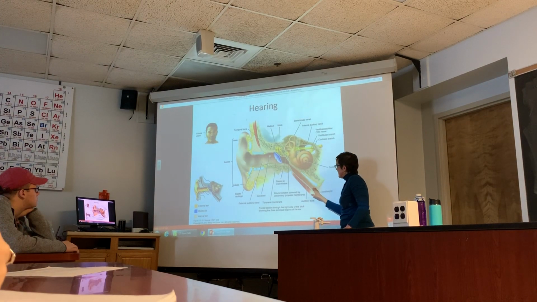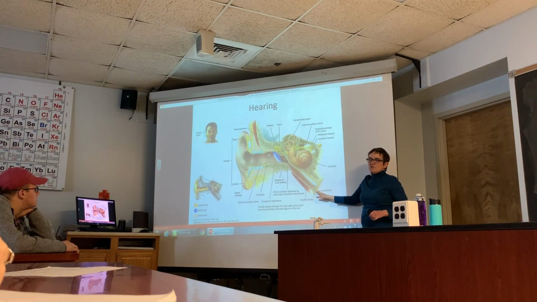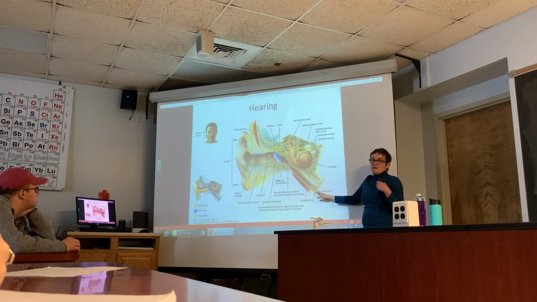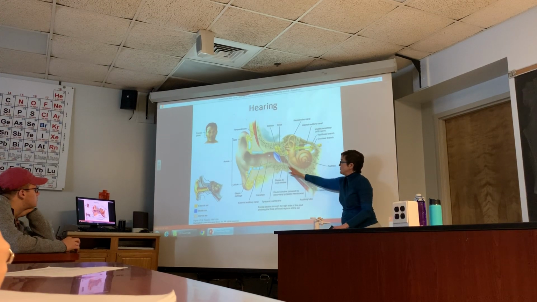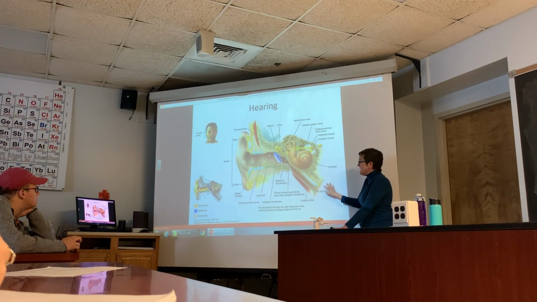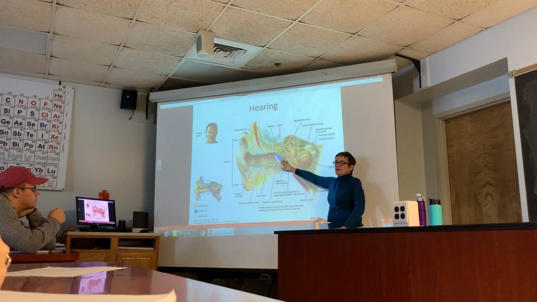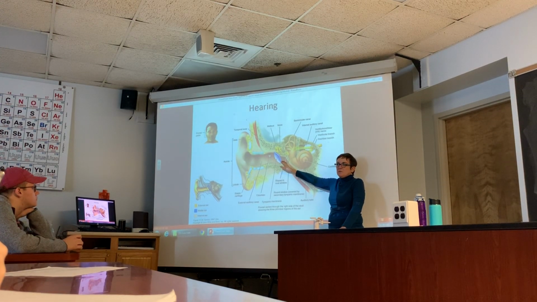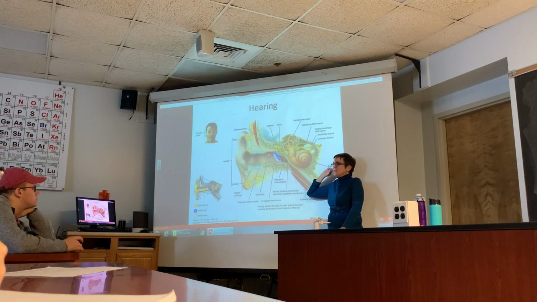So having this connection to the outside, basically through your throat, that equalizes air pressure, which is why when you chew gum and swallow or yawn, you're forcing air up the auditory tube, and that makes that popping sound, but that's equalizing the pressure, so that takes off the pressure from the eardrum, which could, if you didn't do that, could rupture the eardrum.